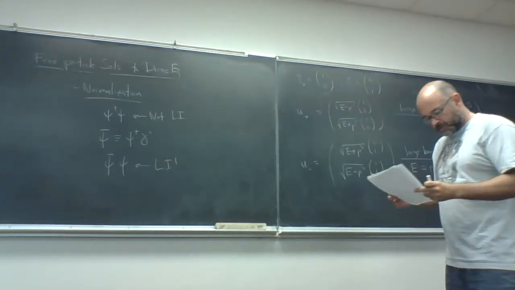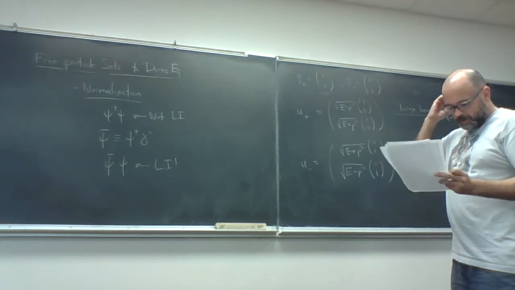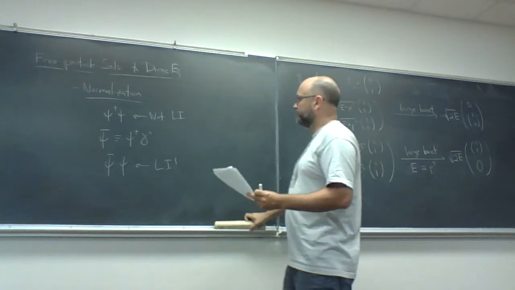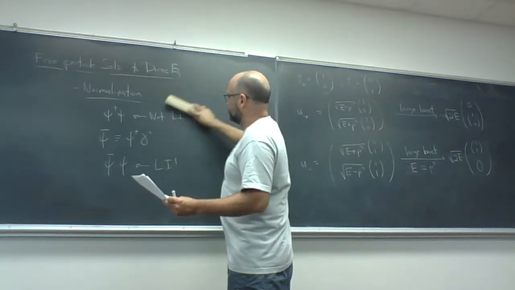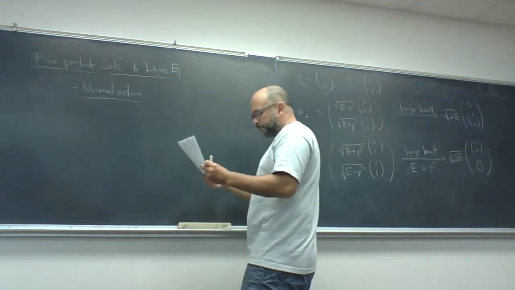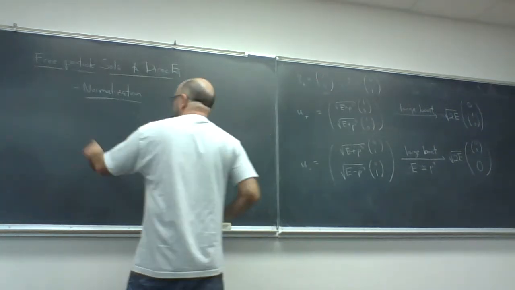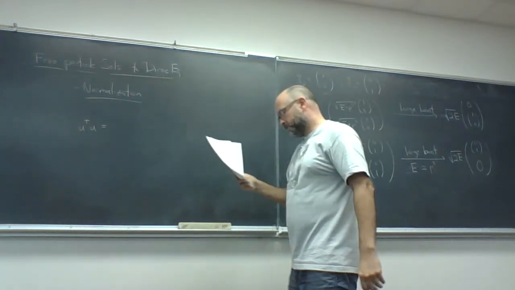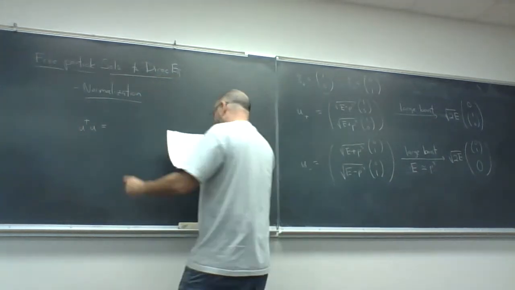That was last time. So I want to do something similar for our u spinors, our positive frequency solutions. So let's try that. Let's take u dagger u and work it out explicitly, using our solutions that I just erased.